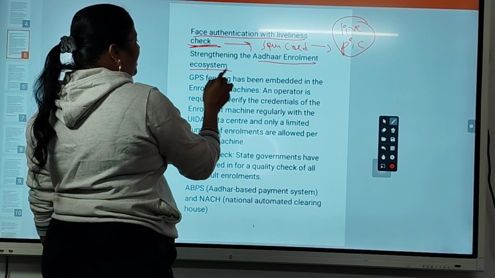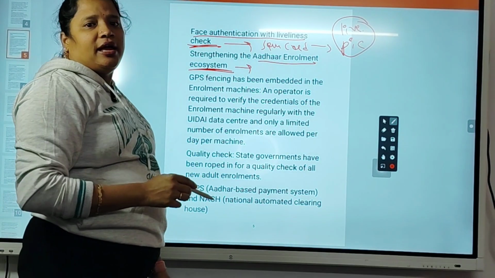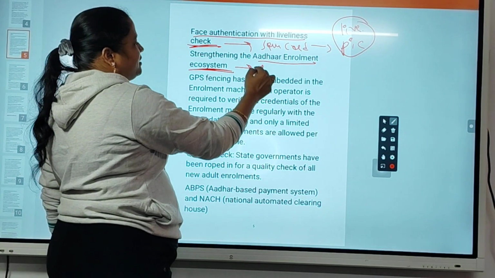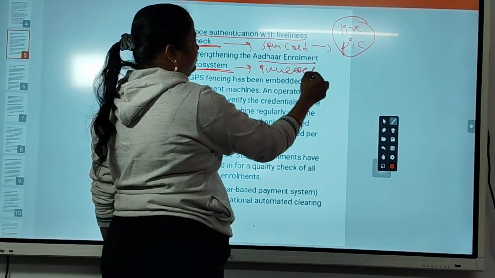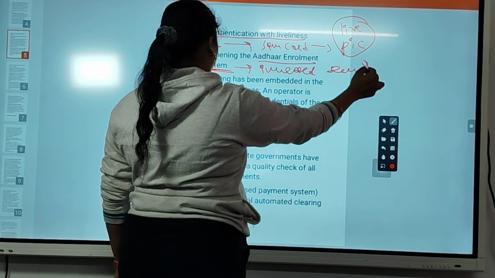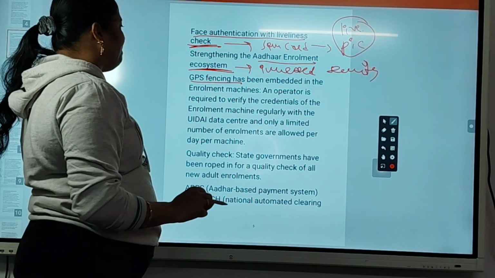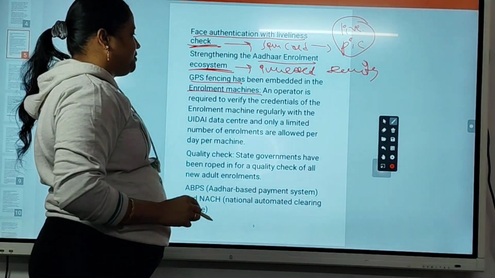Strengthening Aadhaar enrollment ecosystem. Even the Aadhaar enrollment ecosystem has had its security increased. GPS fencing embedded in enrollment machines.